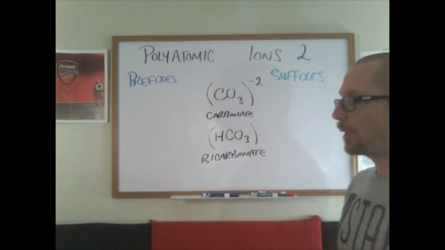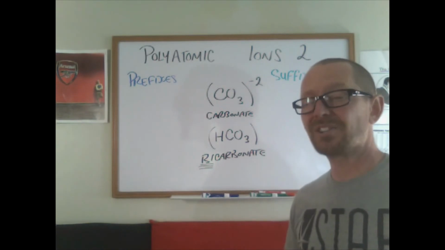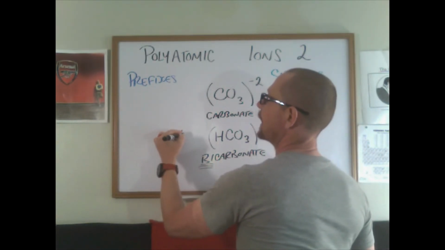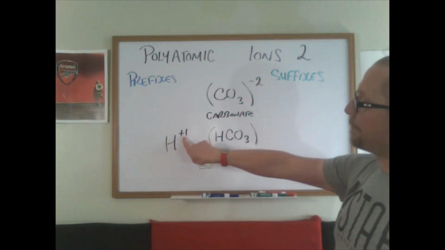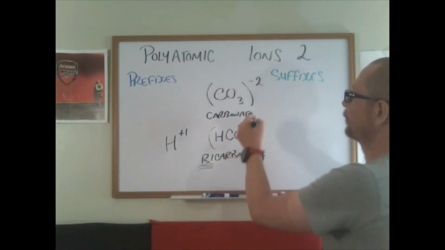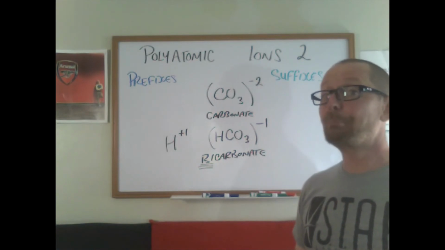The only problem is, it means the presence of hydrogen ions. And hydrogen ions have a positive 1 form. So we need to add that positive 1 to that negative 2. Okay? That's the bi form.